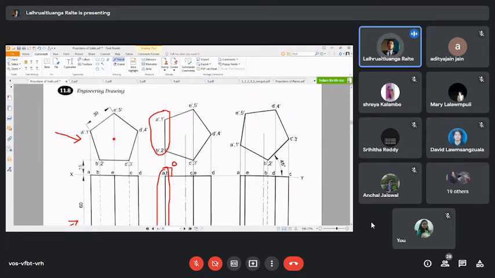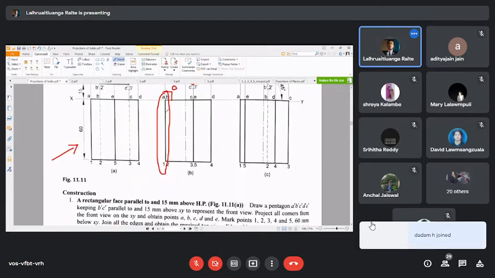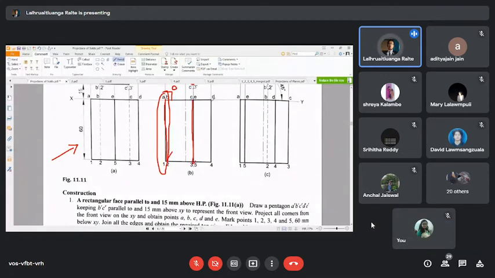After we draw this, we make our pentagonal profile. After we make this AB21, we make this part, and after we draw the pentagon, we project it below the XY line. That length is determined by your axis length, 60 mm.